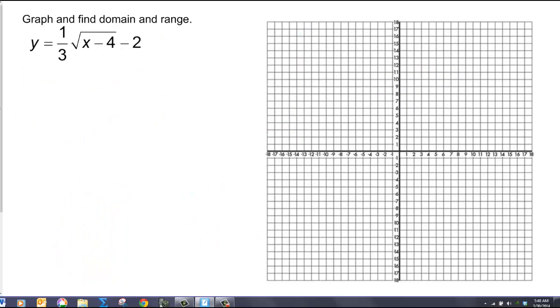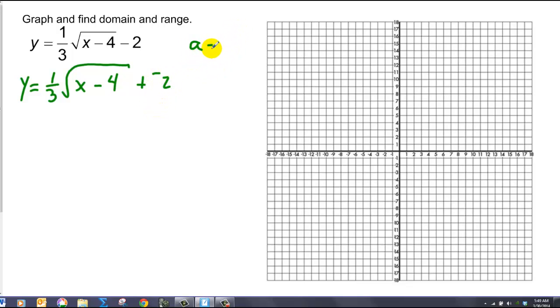You'll notice the a term is now a fraction, and we need to write this in the correct form, so I have y equals 1/3 times the root of x. I need a subtraction, which I have, minus 4, and I need an addition after this, so it must be plus a negative 2. And now I identify my pieces.